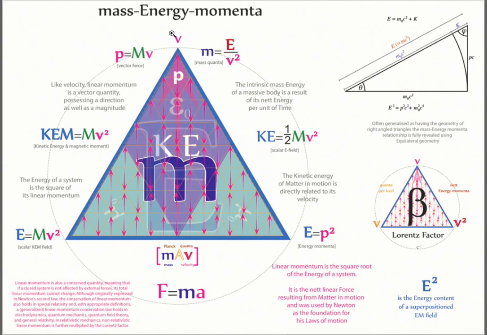We can look closely at these relationships using the equilateral geometry, and we see that in any scalar field, as we've mentioned, any scalar field is a charged geometry because of its quantized angular momentum per c squared, and this gives us a net divergent force from the two directions of interaction within the EM field, the convergent and divergent arrangements of positive and negative charges within the scalar field.